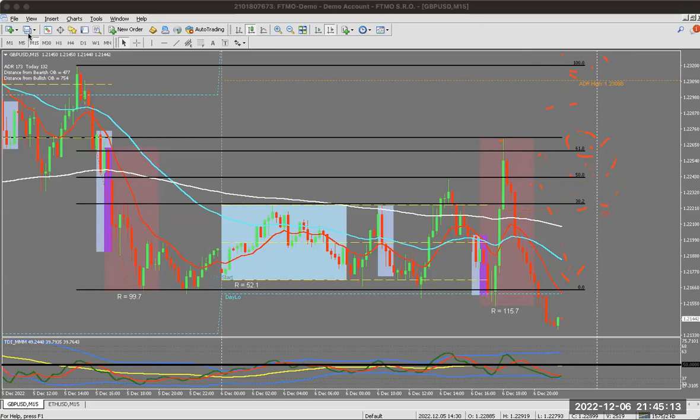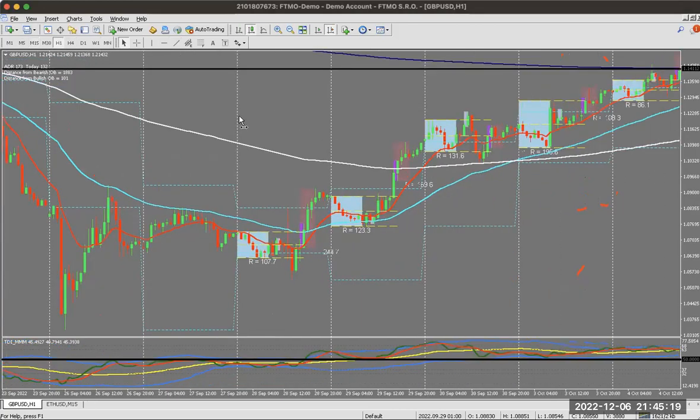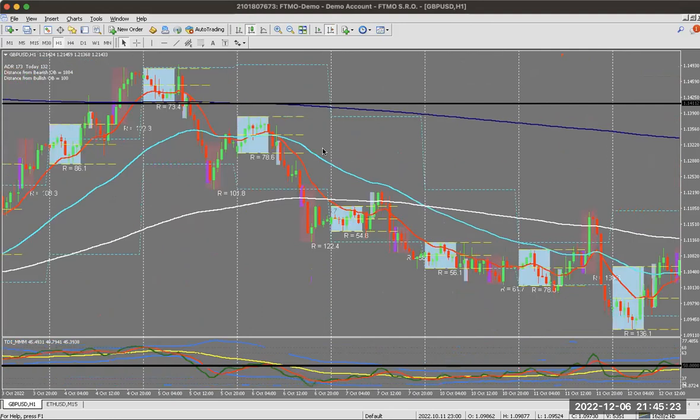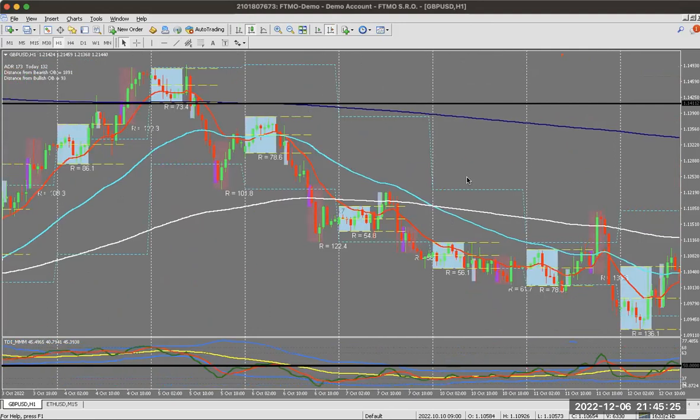Okay, so I'm going to try to briefly explain how it works. Let's say we're looking for somewhere where there is a trend. The first thing you need to do is know where your trend is going.